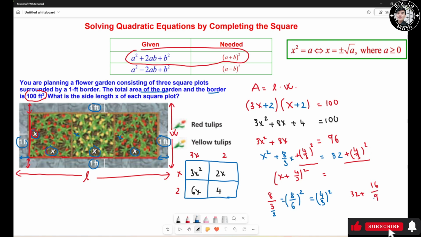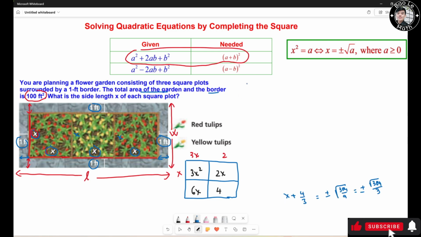So I need to multiply this one by 32 and then write the whole thing in the same denominator 9, right? So it turns out to be 304 over 9. Alright, so we have s plus 4 over 3 equals square root of 304 over 9.